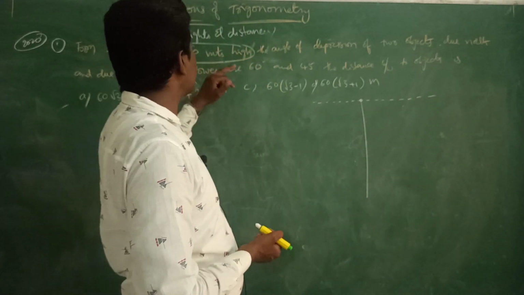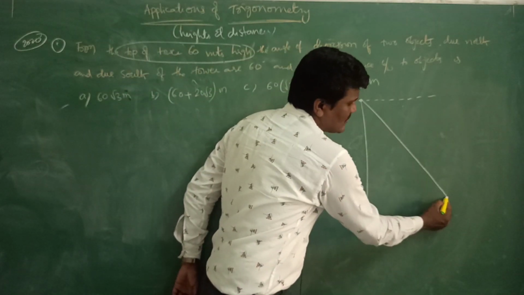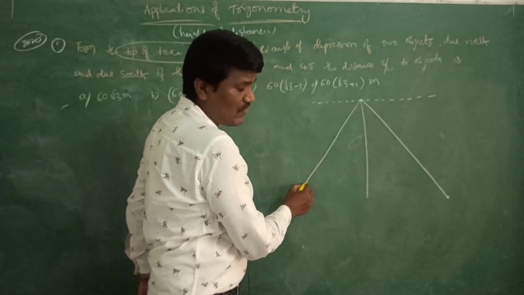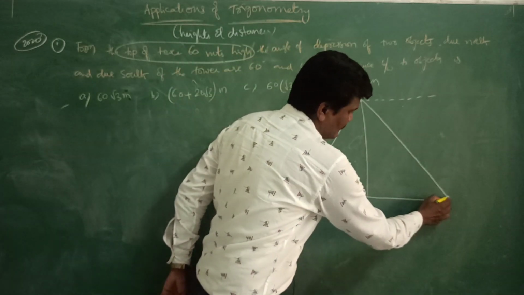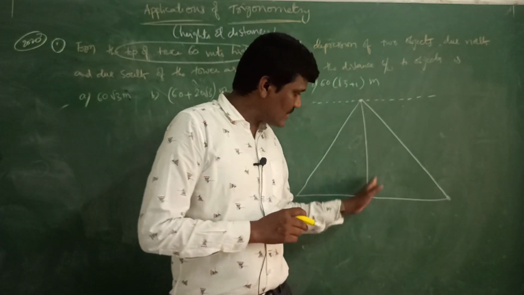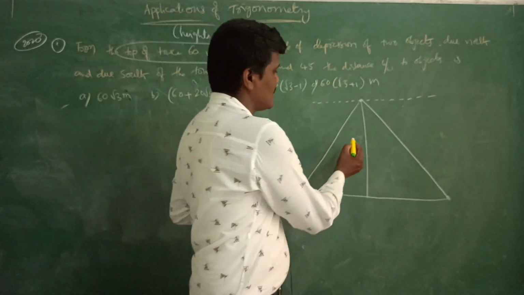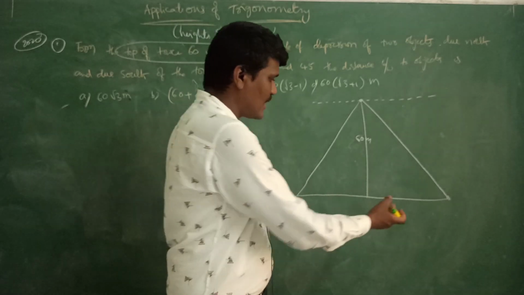So one is 60 degrees and one is 45 degrees. So you take one object and one more object, and this is the base. So here what you can understand is, a tower is there, height of the tower is 60 meters. There are two objects.